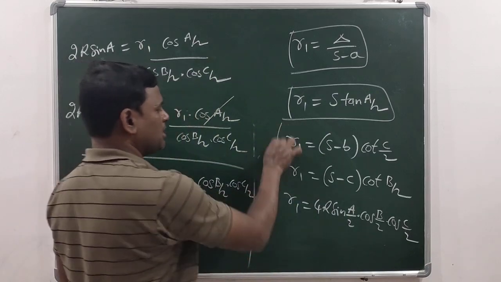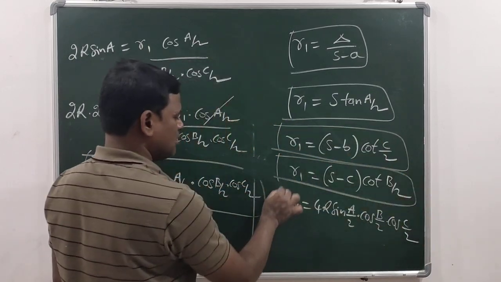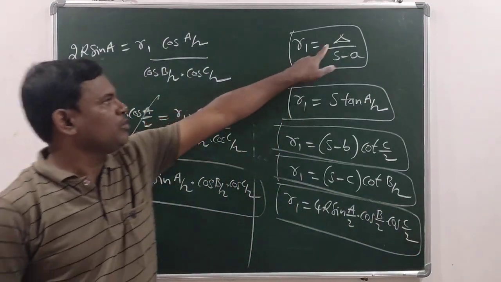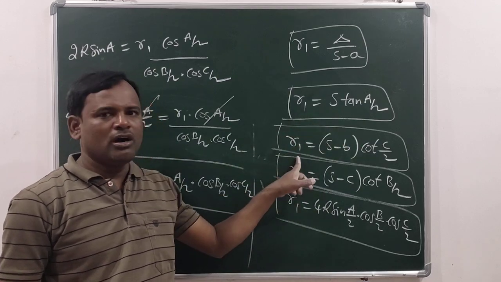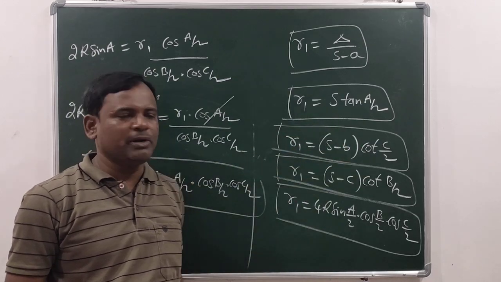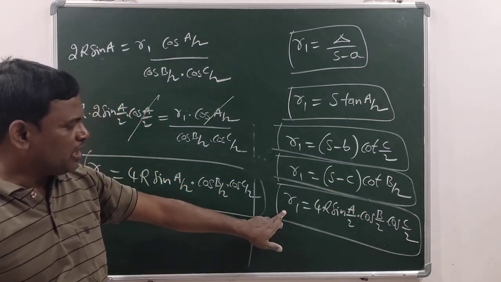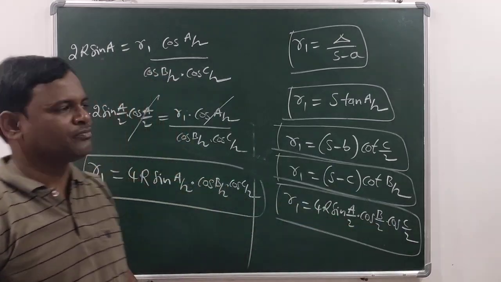So this many formulas we have learnt in this class, along with their proofs. Now r1 equal to delta by s minus a, r1 equal to s tan(A/2), r1 equal to (s minus b) cot(C/2), r1 equal to (s minus c) cot(B/2). So here r1 equal to 4R sin(A/2) cos(B/2) cos(C/2).